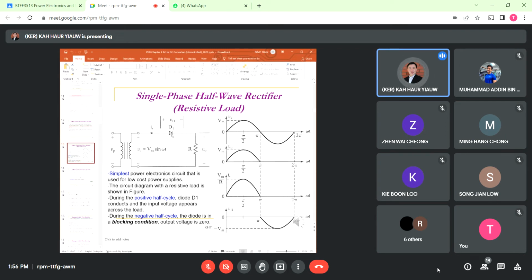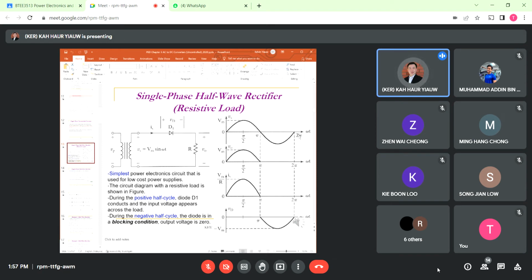For example, if I'm using silicon, we have about 0.7 volt of voltage drop, and it also depends very much on the rating of your diode. If the diode is normal and small rating type, normally you should get about 0.6, 0.7 volt. But if it is a higher rating, you may see 2, 3 volt, for example, across it.